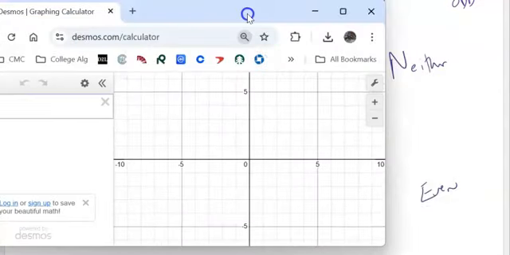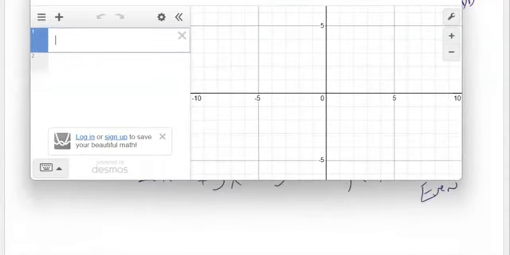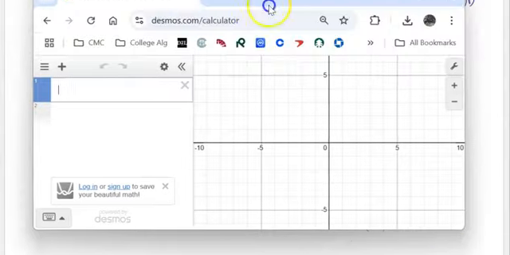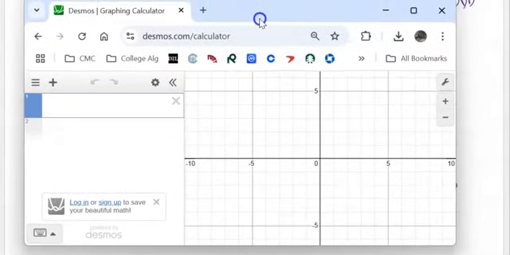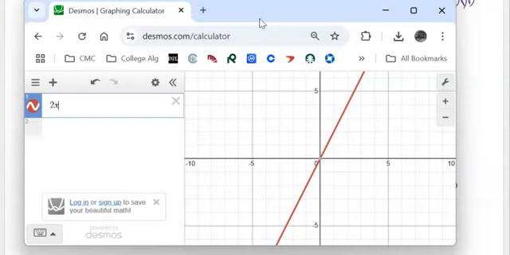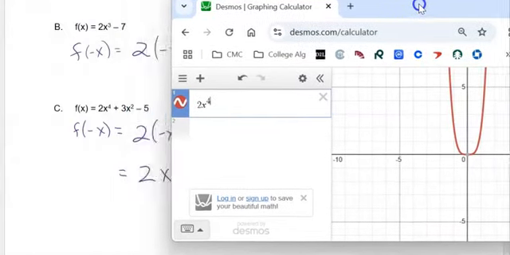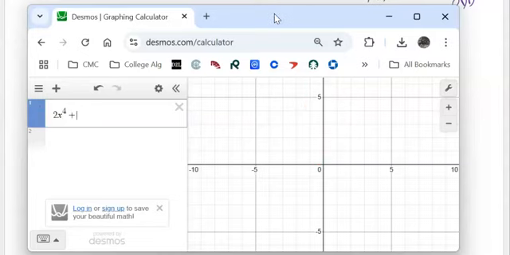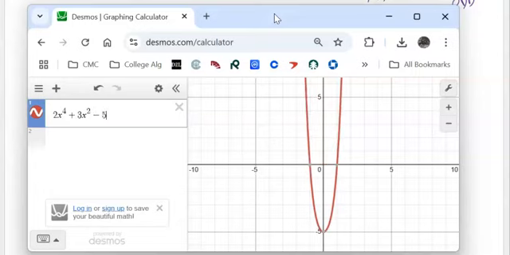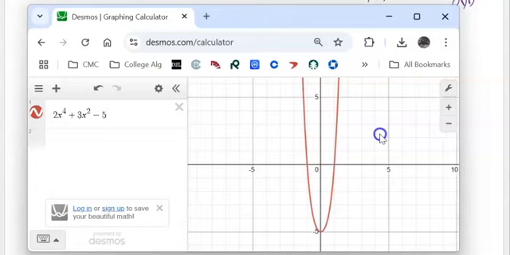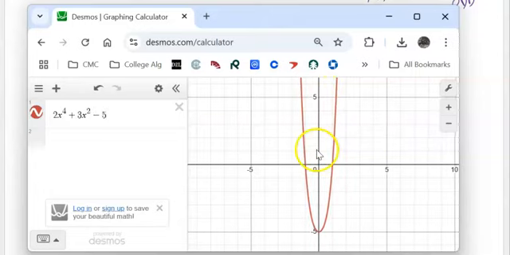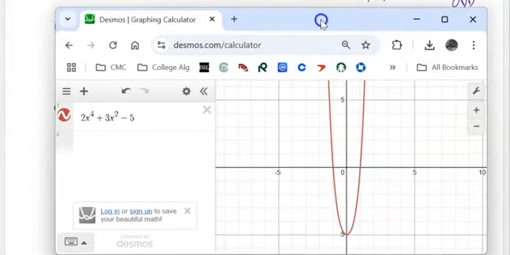Bear with me 1 second. So it's 2x to the fourth plus 3x squared minus 5. Okay, can you see the symmetry there? Right, it's a reflection around the y-axis. A lot easier on the graph, but we can check our work that way.